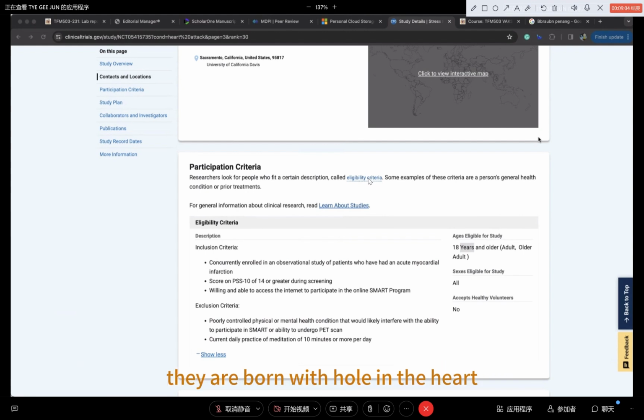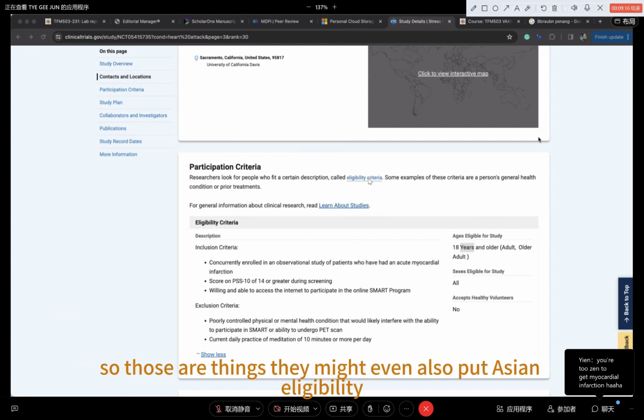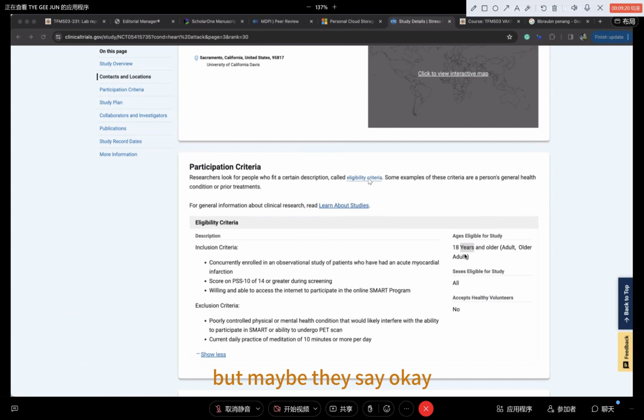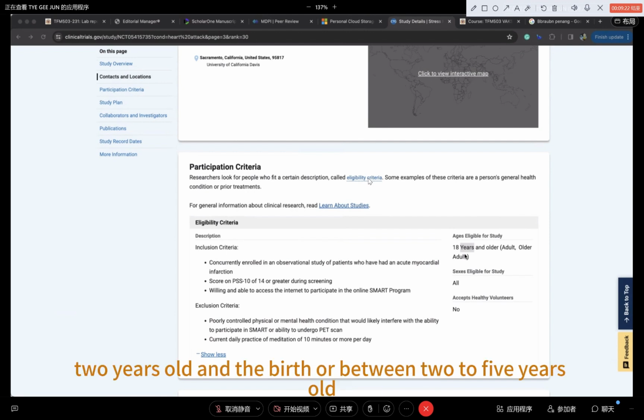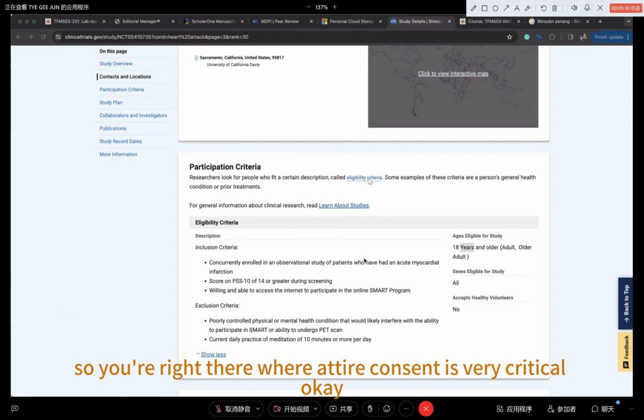When they are born with hole in the heart, or patients who have certain disabilities, or even children who are born with some children are born with leukemia or whatever. So those are things they might also put age eligibility, but maybe they will say, okay, 2 years old and above, or between 2 to 5 years old, but consent must come from parents. Okay, so you're right there, whereby consent is very critical.